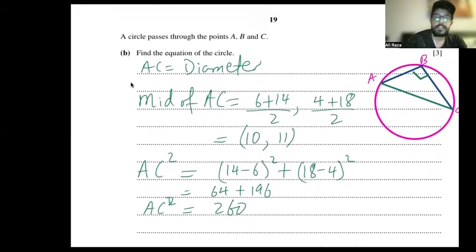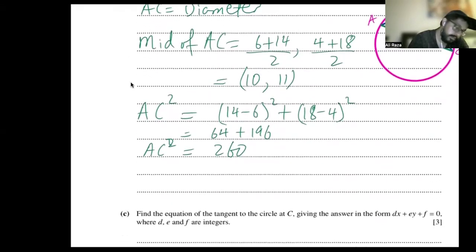Now, since we need half of this, AC is equal to root 260, and we'll divide it by 2.